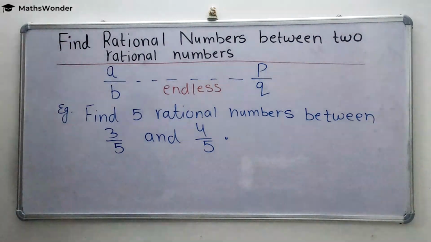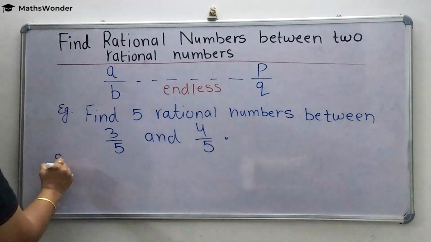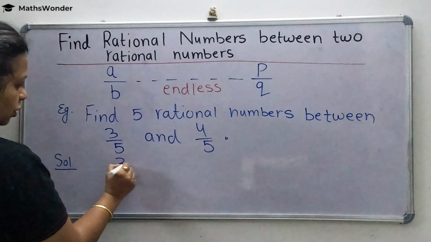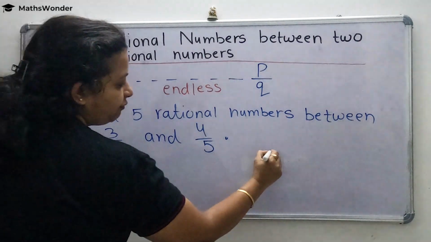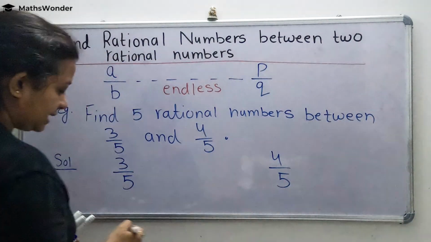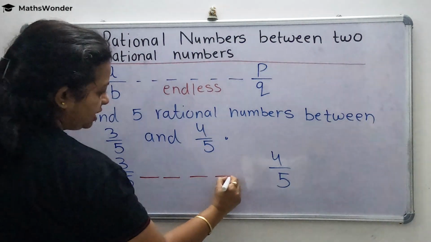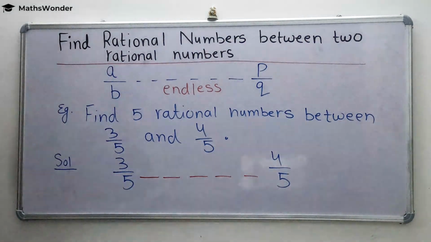Now we have two rational numbers, 3 over 5 and 4 over 5. So how will you find 5 rational numbers? 3 over 5 is the first and 4 over 5 is the second rational number. We need to find 5 rational numbers between them.